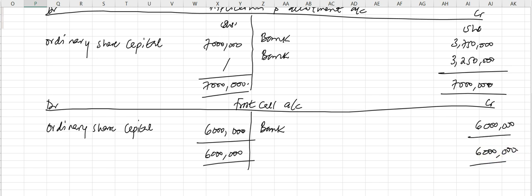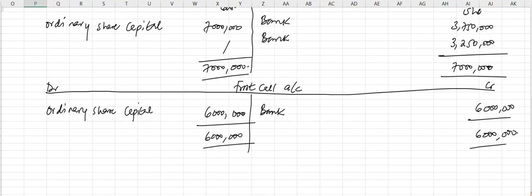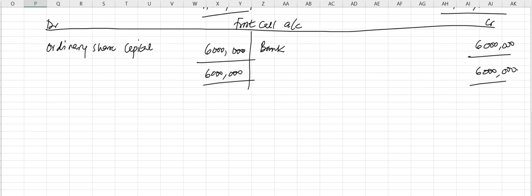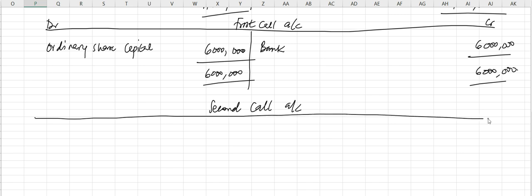That's first call. Then second call, you still create another account for the second call. Money was received and debited in the bank account. So complete double entry.